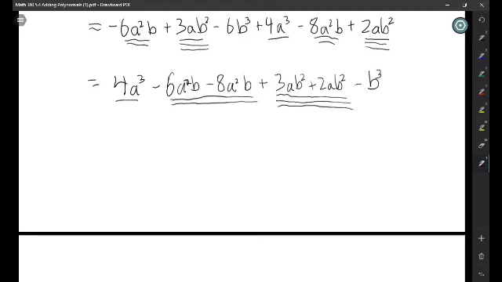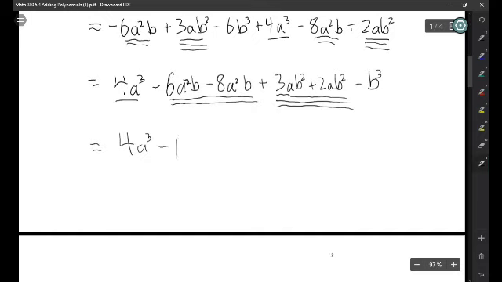Then ignore the variables of the like terms and just carry out the operation between the numbers, the coefficients. So you forget the a squared b's. Negative 6 minus 8, negative 14. So this equals 4a cubed, nothing to combine with a cubes, minus 14a squared b.